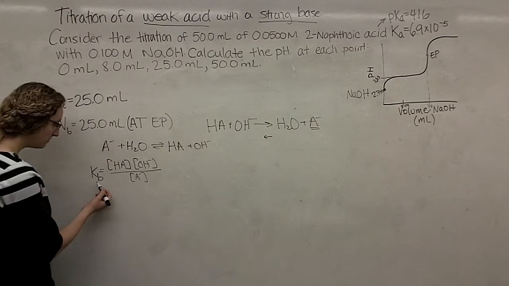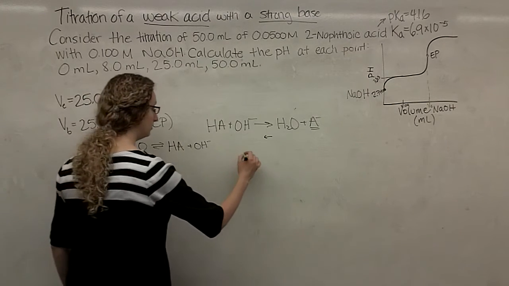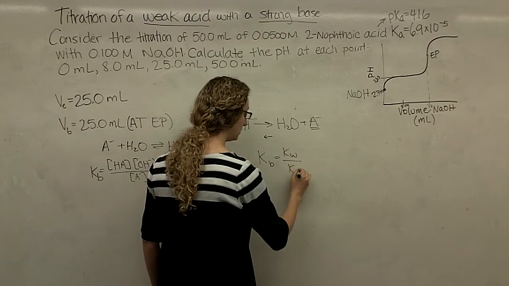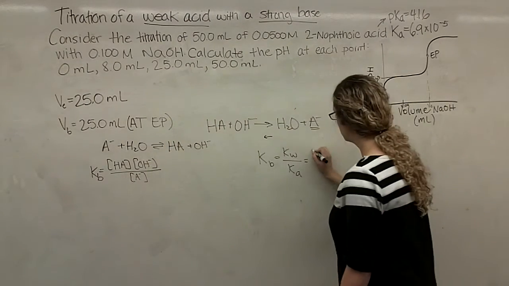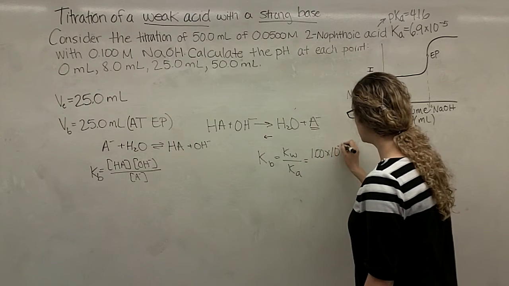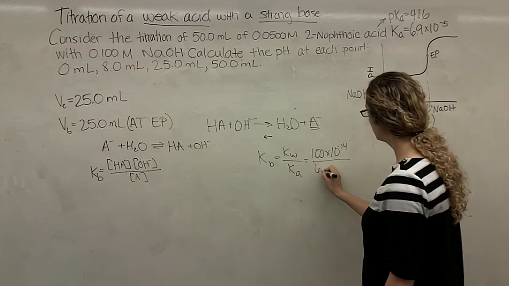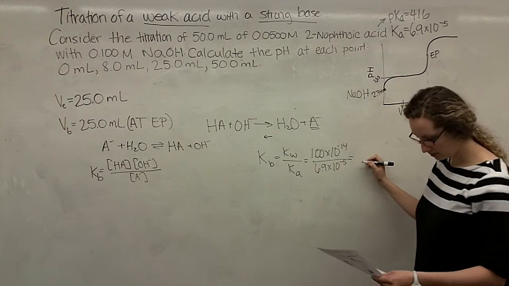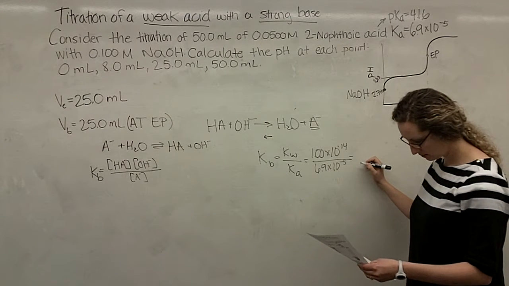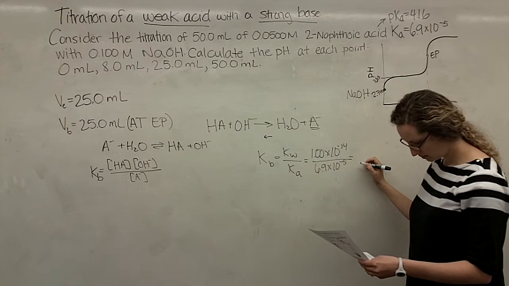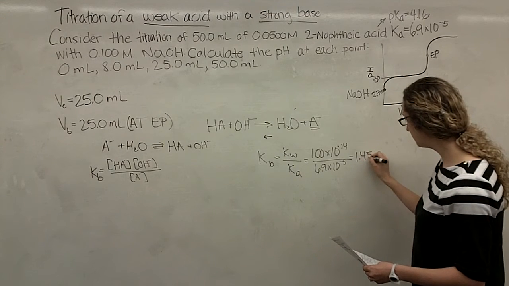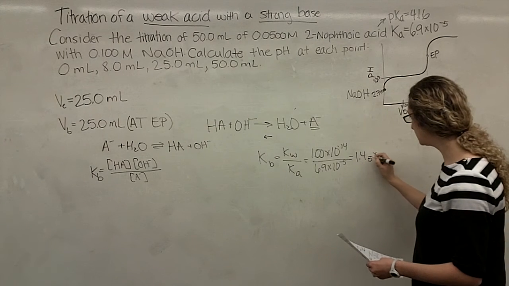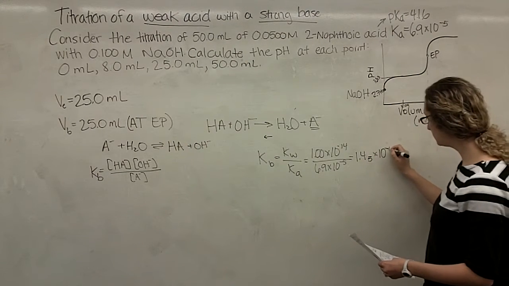Okay, so our KB is equal to Kw over Ka, which equals 1.00 times 10 to the minus 14 over 0.9 times 10 to the minus 5, which equals, in this case, 1.45 times 10 to the minus 10.